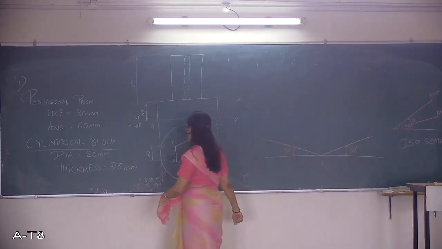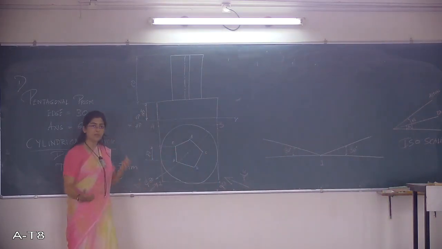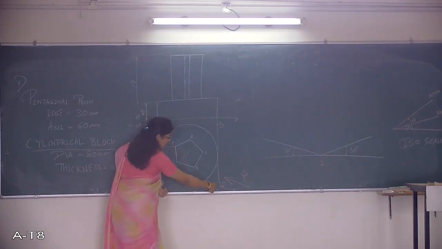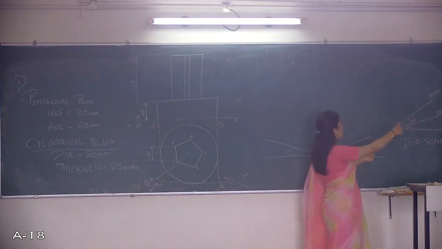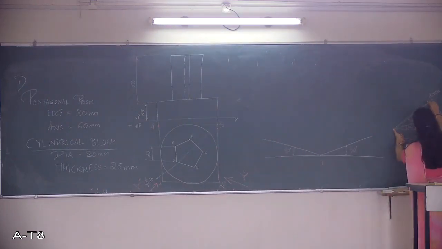So first, to start with, taking a compass, you measure 1 to 2. This 1 to 2 should then be marked on this actual scale, and from the point where that dimension cuts this actual scale, you have to draw a straight line down.